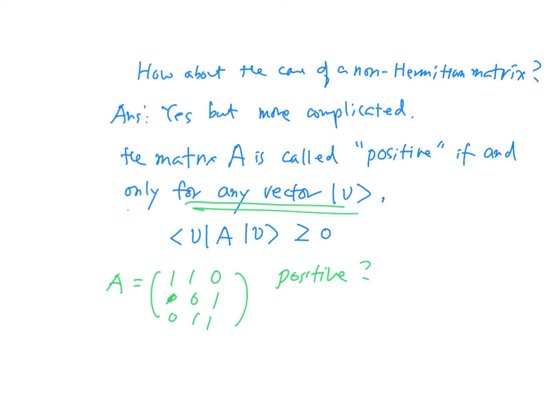We know one of the eigenvalues is negative. If we choose the normalized eigenvector for the negative eigenvalue, then this value is negative, right?